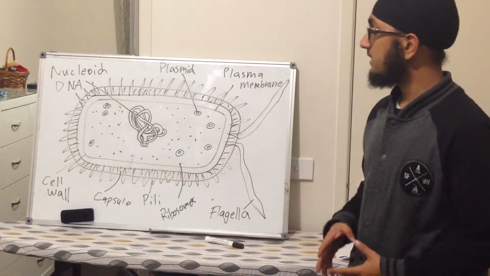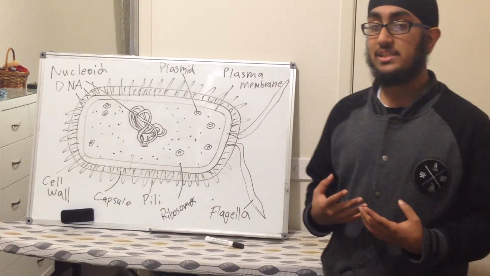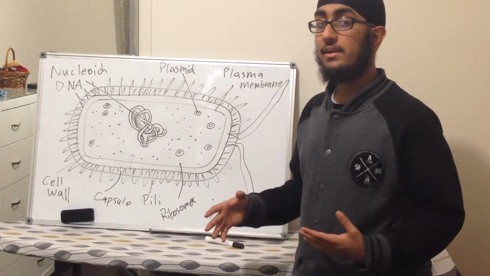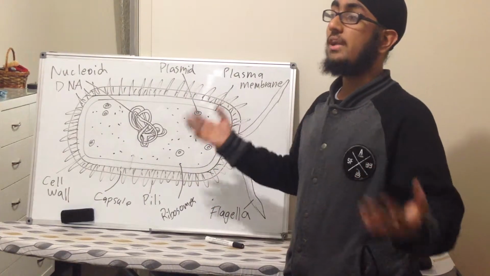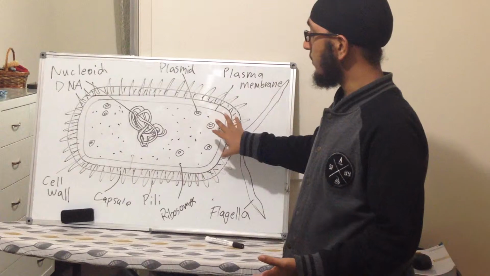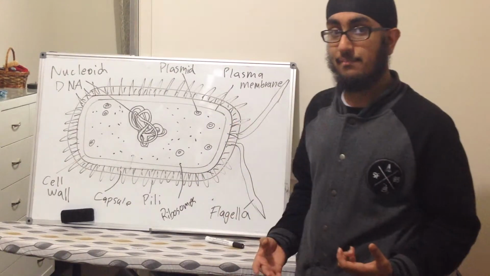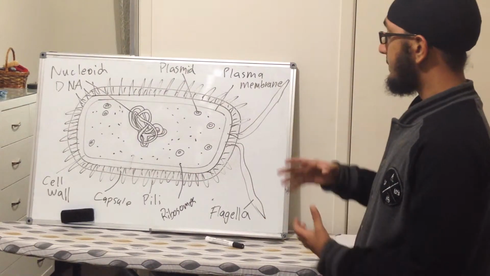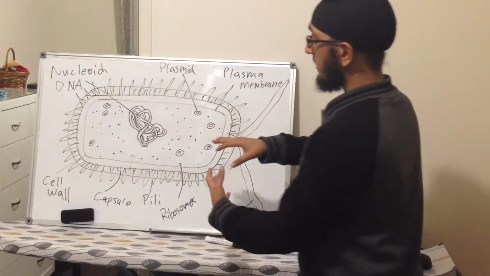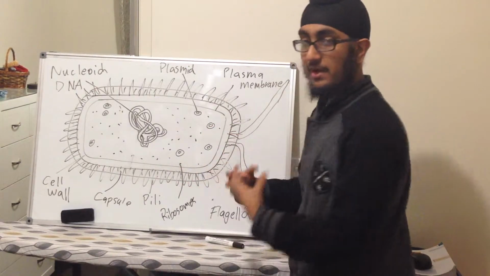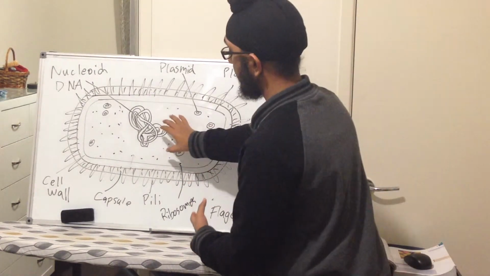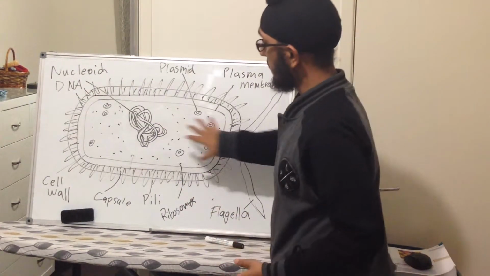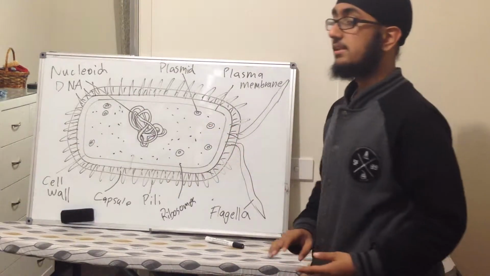Now, what happens in binary fission is that the DNA, the nuclear DNA, is copied, and it divides, and it goes to the opposite poles of the cell. They usually stick to different areas of the plasma membrane, and because of this, they pinch off. So binary fission is actually pinching off. So this nuclear DNA replicates, makes a copy of itself, and moves to either side of the cell.